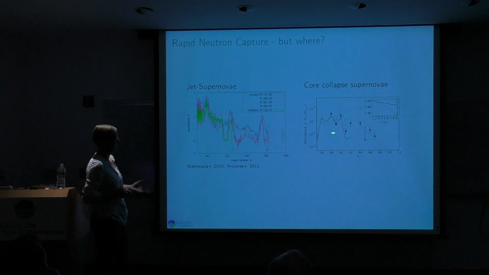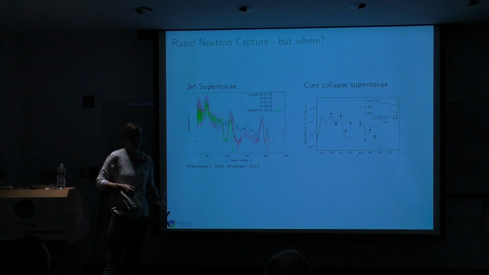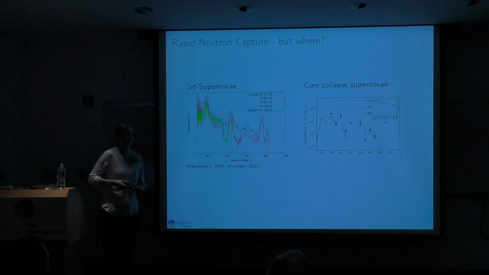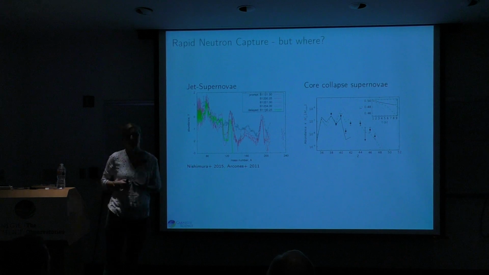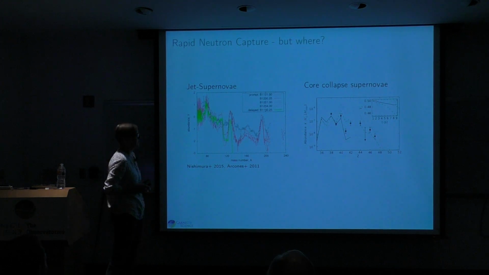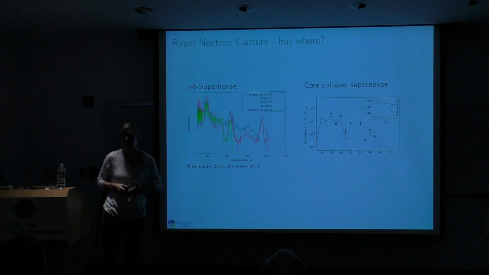And then there's the good old core collapse supernovae, which we now know are not neutron rich enough. The environments in the neutrino-driven wind will not be neutron rich enough to actually make a full R process, but we can probably still make some of the lighter elements up to silver and palladium in these events. So suddenly we have four sites where we can produce R process elements.